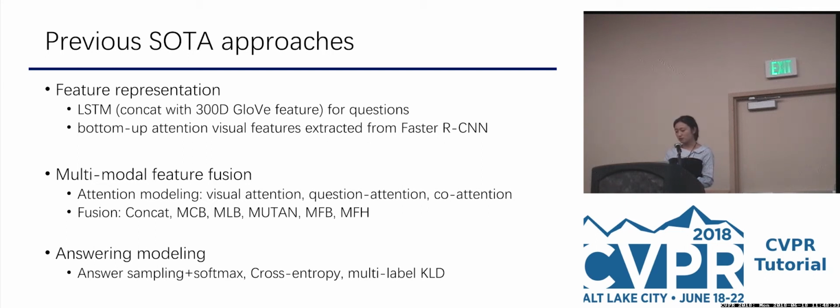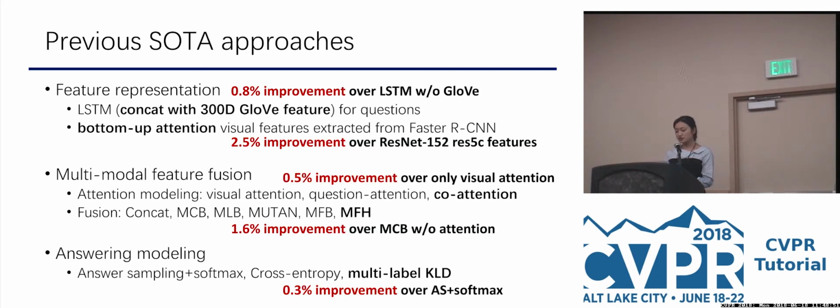When fusing multimodal features, co-attention mechanism, combining visual and question attentions can be more reliable than both of the two alone. Among various fusion strategies, MFB and MFH stand out in practice. For answer modeling, multilevel KLD is a competitive choice.